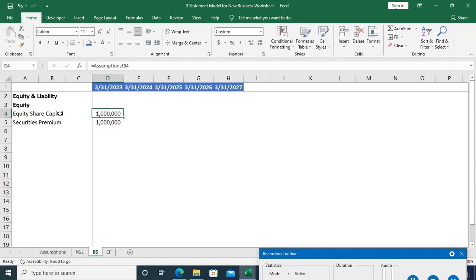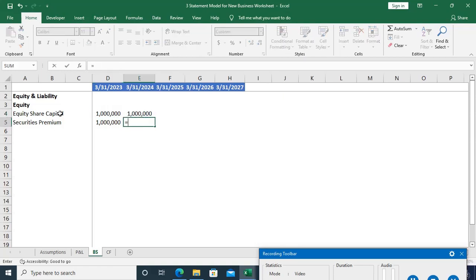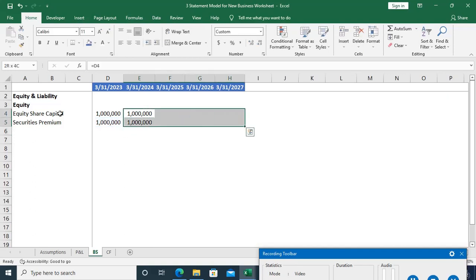So this thing will remain fixed, this equity share capital and securities premium, because no new issues were made. So we can keep it constant as it is, control R, alt O, C, A.